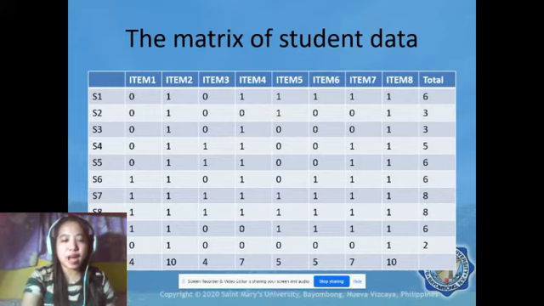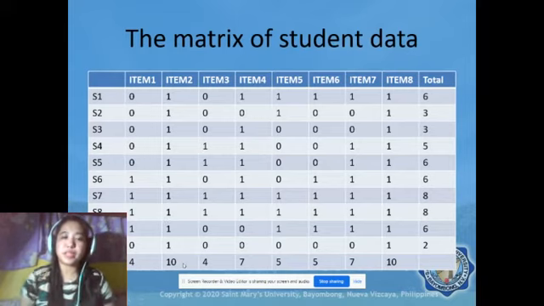While the last row is the total scores per item, which also corresponds to the total number of students who obtained the correct answer in that particular item. For example, in item 1, only 4 students got the correct answer, while for item 2, all of the students got the correct answers.